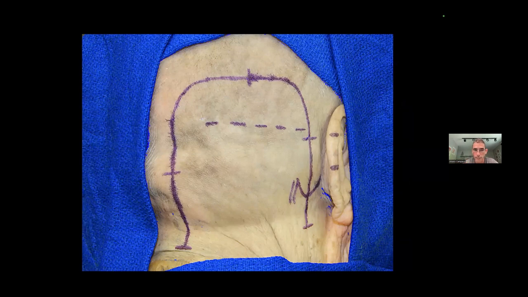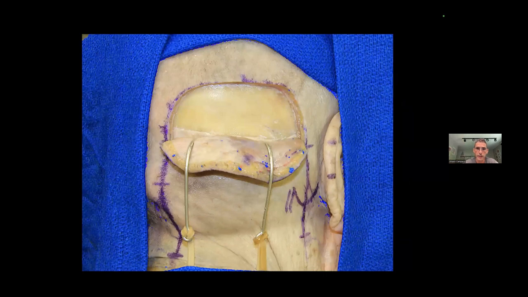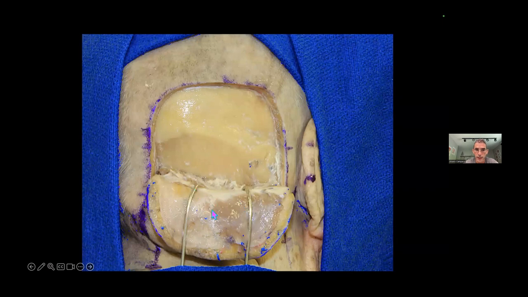So using the nuchal lines in order to find the vertebral artery in a good way, we perform that kind of incision. We dissect subperiosteally until the first stop, which is the superior nuchal line. So we dissect the first three layers of muscle with the skin and so on, and we continue dissecting subperiosteally. This is the superior nuchal line, and the second stop is the inferior nuchal line.